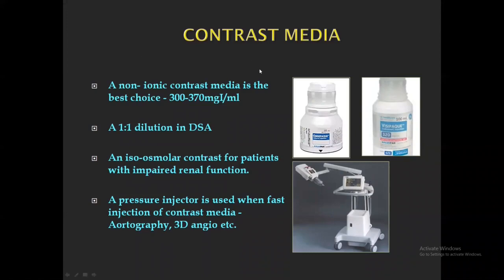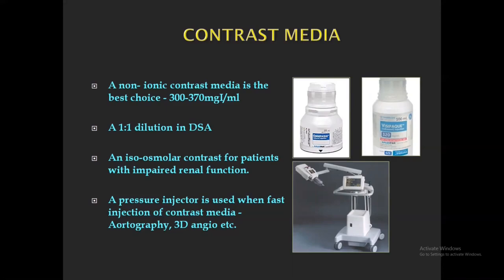The contrast media which we use in DSA is commonly a non-ionic contrast media, which will give fewer reactions. The iodine content can be 300 to 370 milligrams. A 1:1 dilution can be used in DSA. An isosmolar contrast is used for patients with poor renal function, like high creatinine.